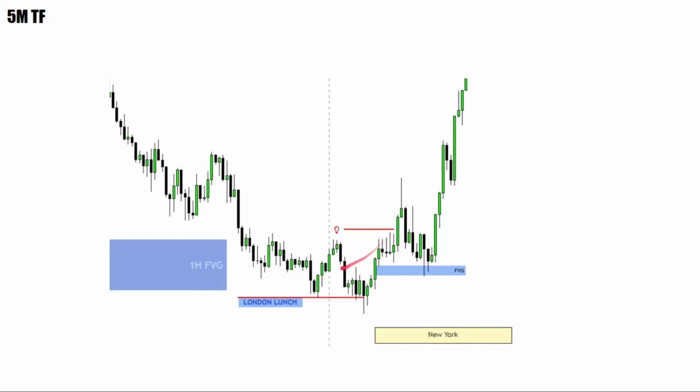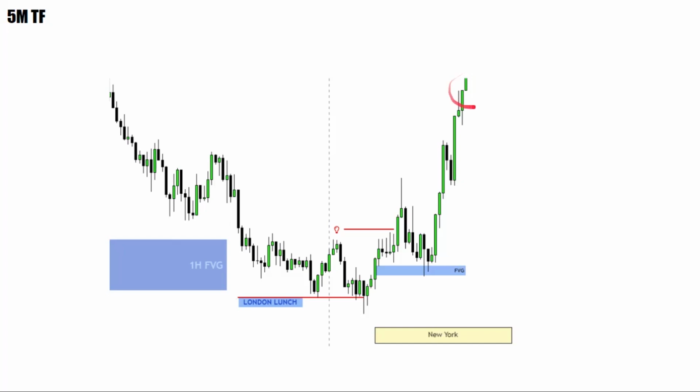It's just the same: power 3, accumulation, manipulation, distribution, if that makes sense. The Judas swing, and then from New York, and New York entries are pretty much from 8 a.m., 8 to noon, specifically till 11, just an hour before noon. That's where I want to be executing my trades.